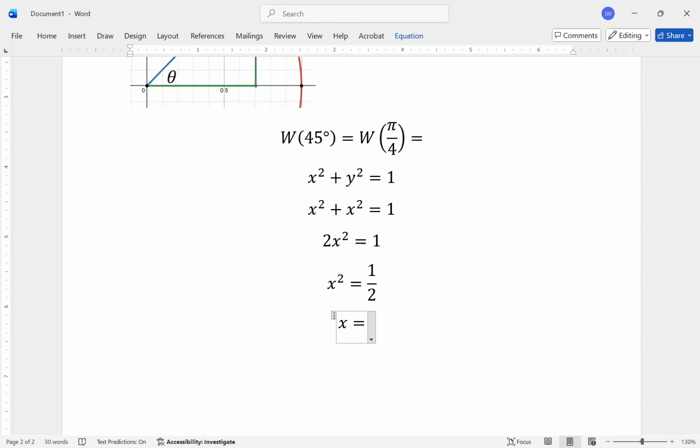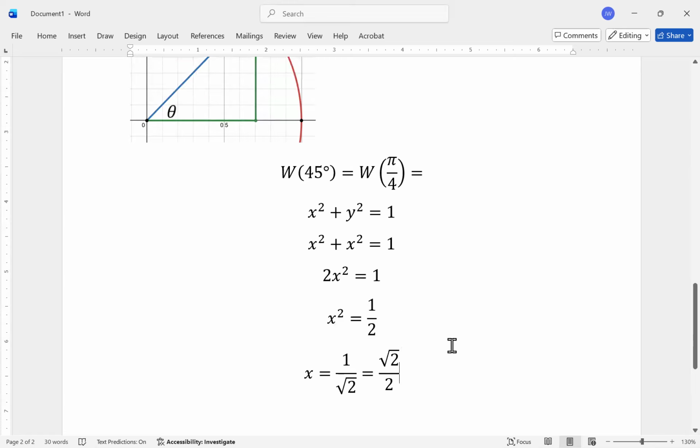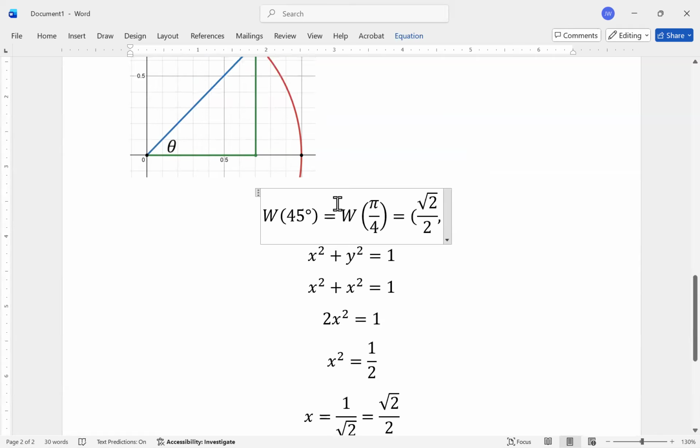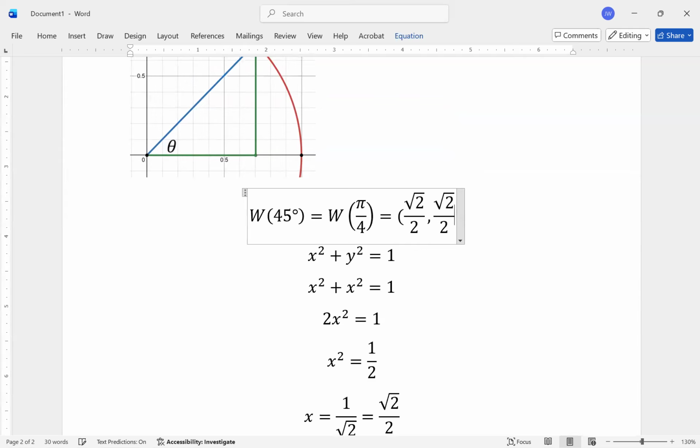When I take the square root of both sides, the positive square root of 1/2 is going to be 1 divided by the square root of 2, which, if you want to rationalize the denominator, is the square root of 2 divided by 2. You just multiply by square root of 2 on top and bottom. So what's that mean for my wrapping function? That means my wrapping function has x value of the square root of 2 divided by 2. And since the y value and the x value have to be the same, then the y value also has to be the square root of 2 divided by 2.